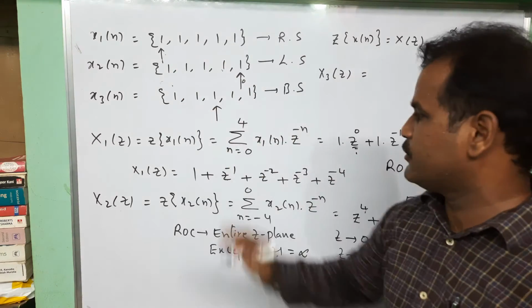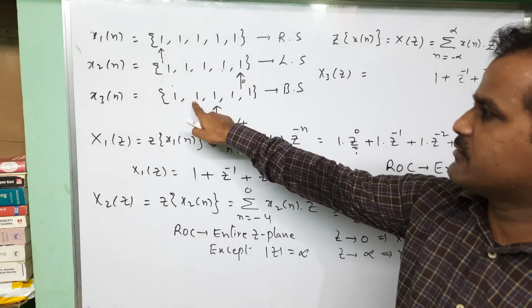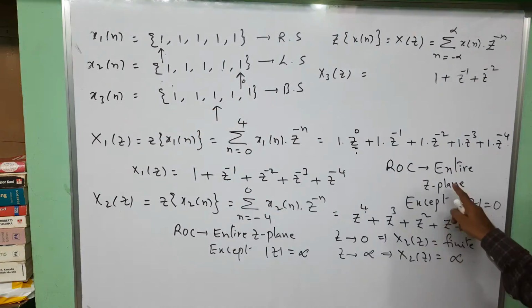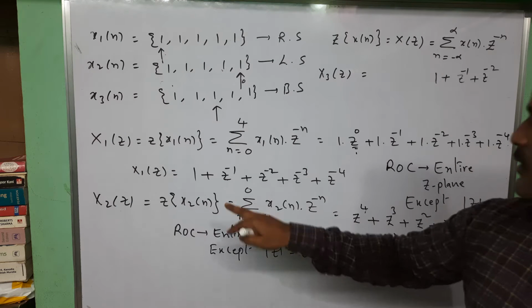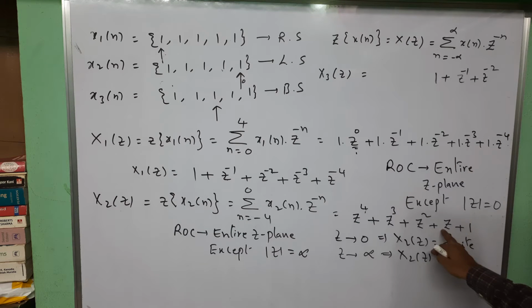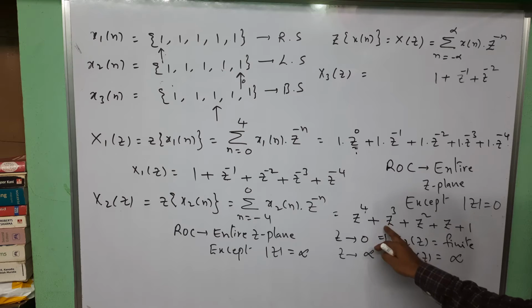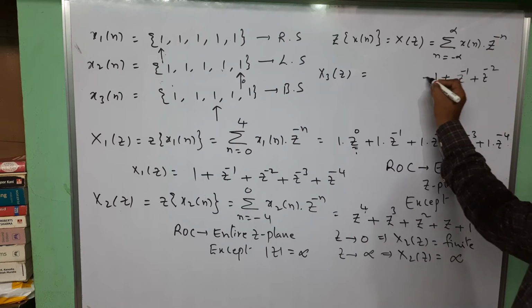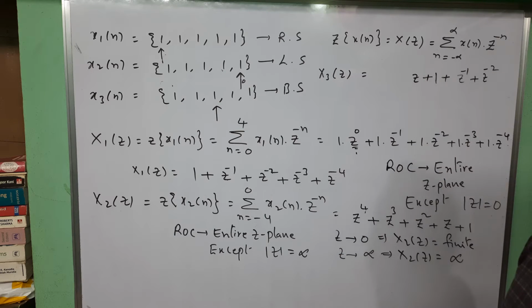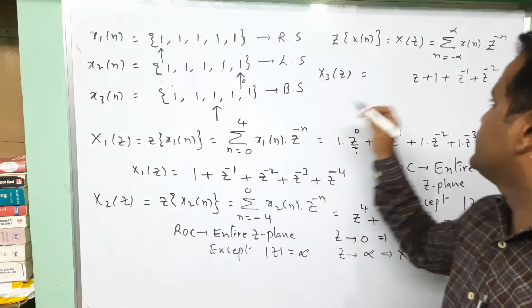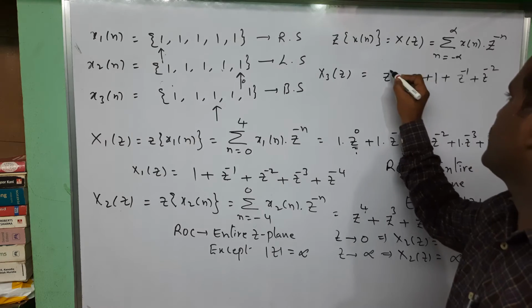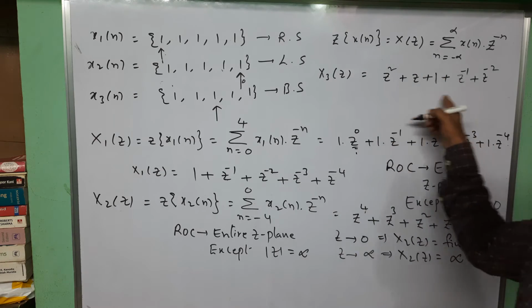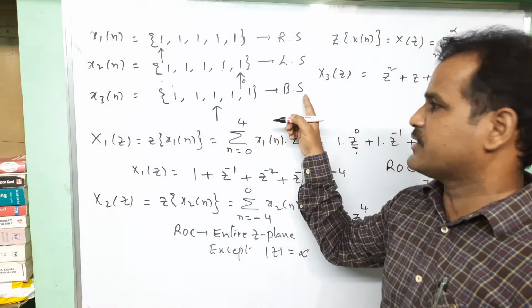Similarly, here are left side values, multiplied like this: 1 plus z raised to 2, z cube, like this. That means on the left hand side, z positive powers. Similarly, this one z square. This is the z transform of the third sequence, which is both sided.